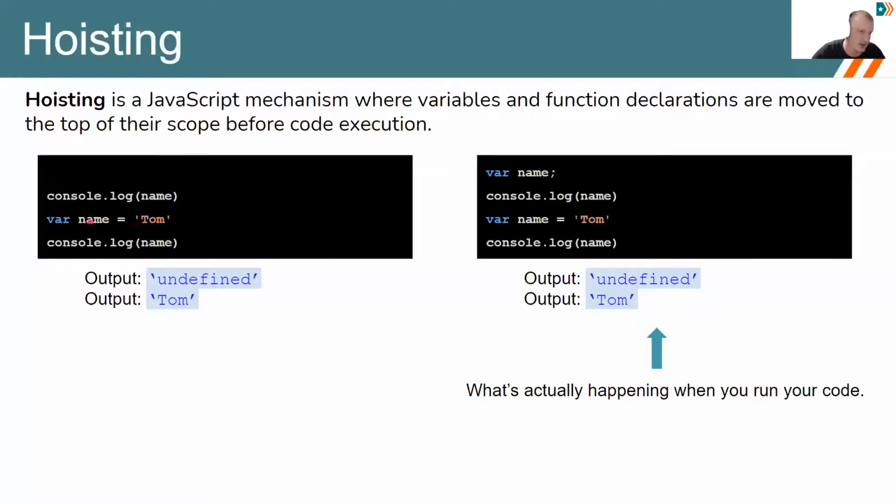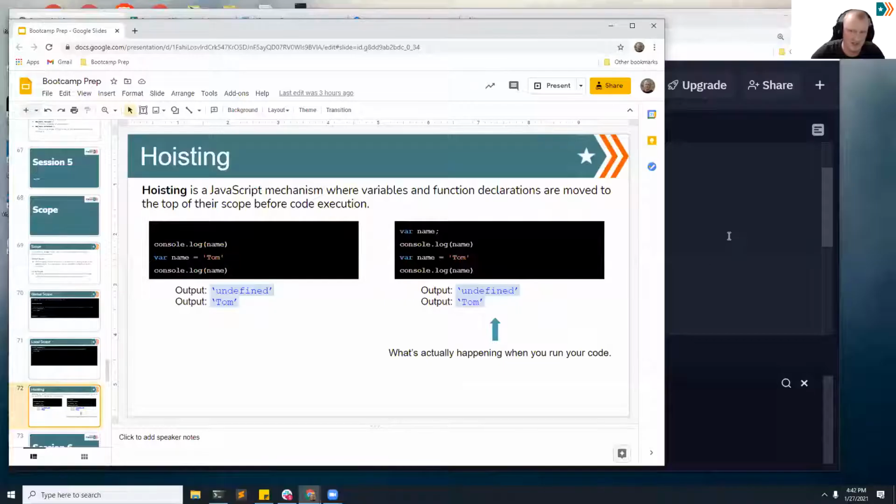This could have just been name equals, or I could have done name equals Tom right here instead to be reassignment. But this also shows that with var, you can redeclare and you can do reassignment. It doesn't matter which one you do. But just know that it's doing this thing called hoisting, and that's what I'm trying to show right here.